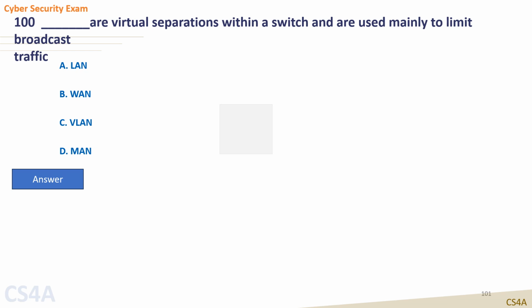VLAN creates a virtual logical network within a network, using the layer 3 switch, to limit the broadcast domain. Broadcast domain means that the communication only happens within the network and the packets won't be transmitted to the other segmented networks, so that it limits the congestion of the network traffic. So the answer is C.